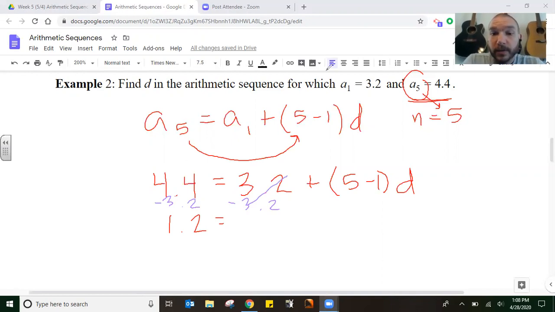Okay, 5 minus 1 is 4d. Then I'm going to divide by 4. And then I get my final answer, d equals, I'm guessing 0.3, because 12 divided by 4 is 3, and 1.2 divided by 4 is 0.3.